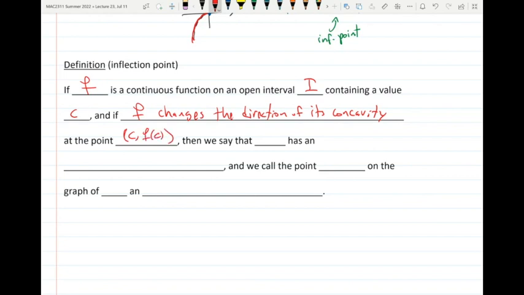this is happening on the graph, so at this location, this is the x and this is the y, okay? Then we say that f has an inflection point at c, and we call the actual point c, f of c, the x, y on the graph of f, an inflection point.